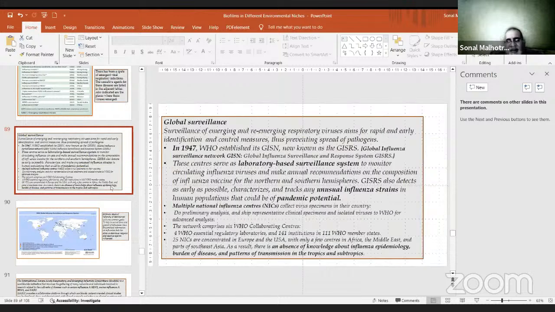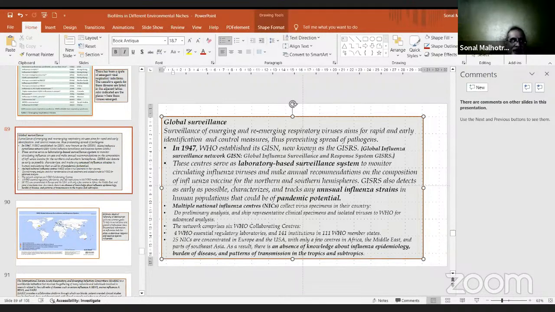Then global surveillance. There is a global surveillance network for influenza, originally called the Global Influenza Surveillance Network. Sorry, it's now called the Global Influenza Surveillance and Response System, GISRS. It is a laboratory based surveillance system for influenza. As you know, there's a whole family of influenza viruses, and people in America are always worrying about what form of influenza is going to predominate because they need to make vaccines for that family of viruses.